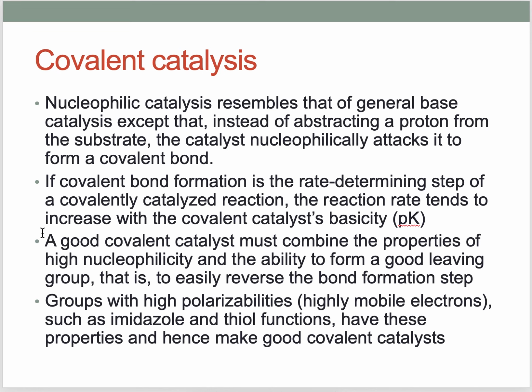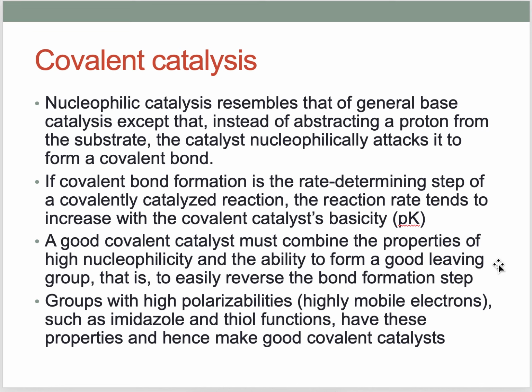Okay, so a good covalent catalyst must combine the properties of high nucleophilicity. Okay, so if it has high nucleophilicity, it can easily form the covalent bond with the substrate. Okay, and also the ability to form a good leaving group, that is, to easily reverse the bond formation step.